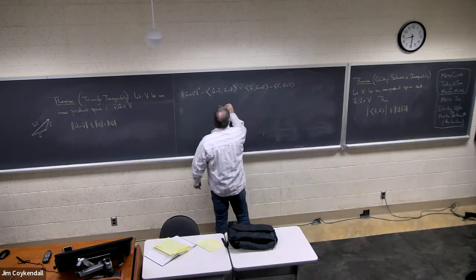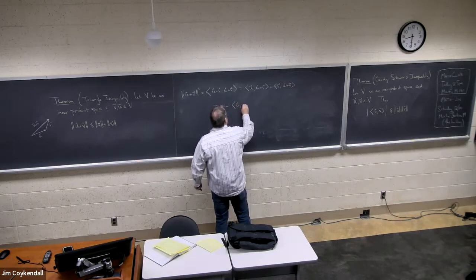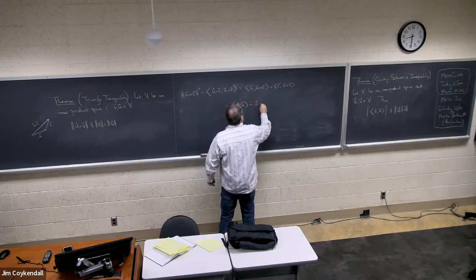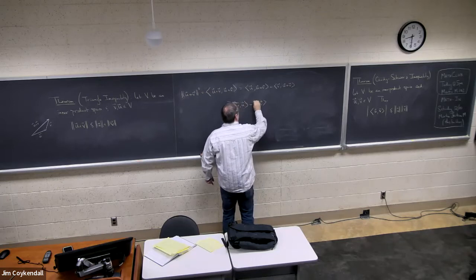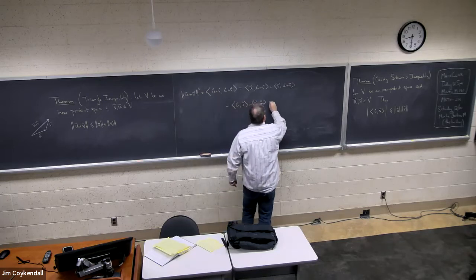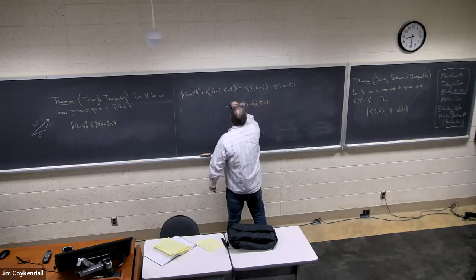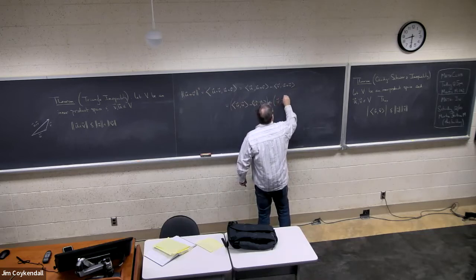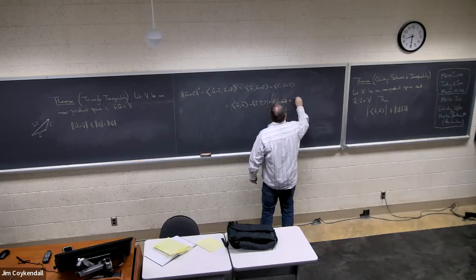So for example, this one is the inner product of U with U plus U with V. And this right here is V with U plus V with V.